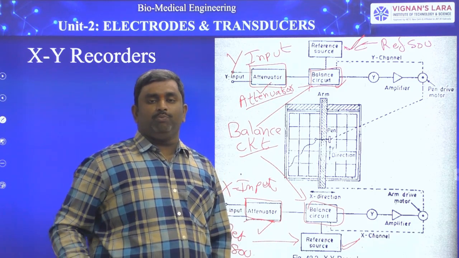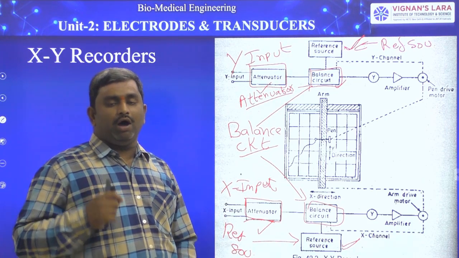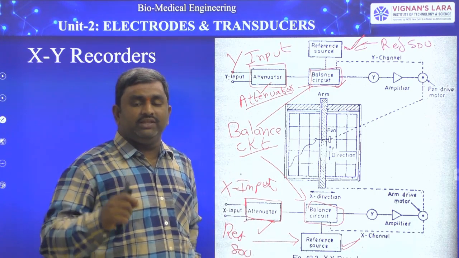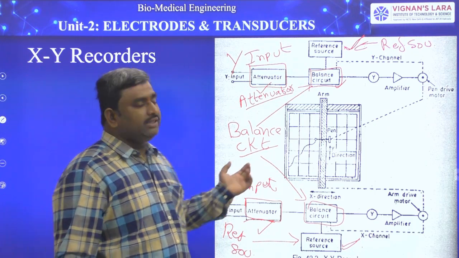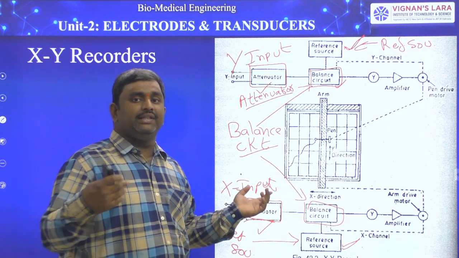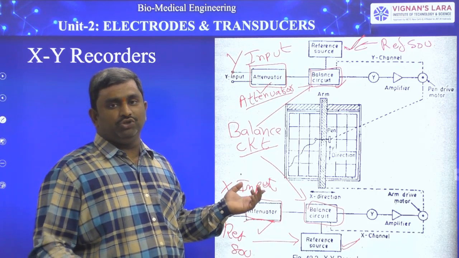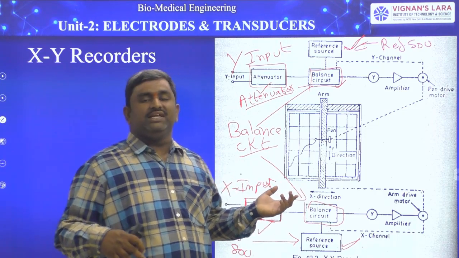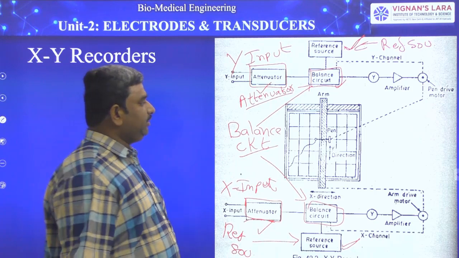Like that, most of the time the reference value is 0, but not always in all situations. In some situations the reference value is 0, and in the remaining situations the reference value may be greater than 0 or less than 0. It may be 0 volts or 0 amperes, or 1 ampere, 5 amperes, 5 volts, 10 volts, 10 watts. That depends upon the concept and requirement.